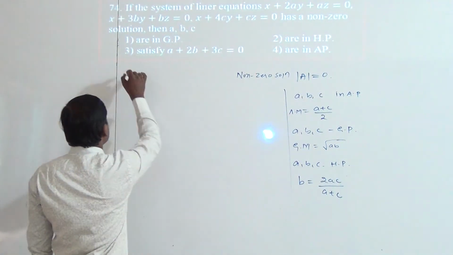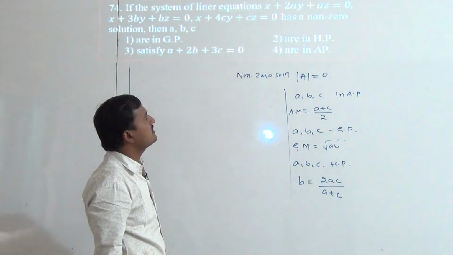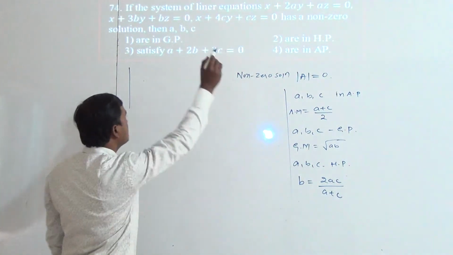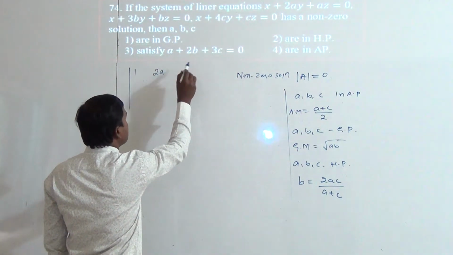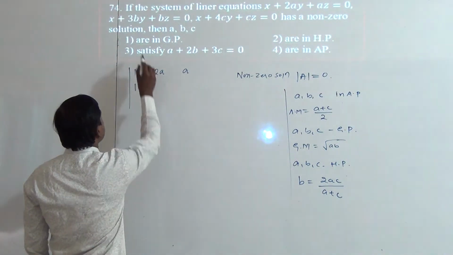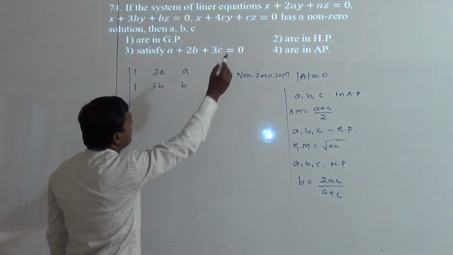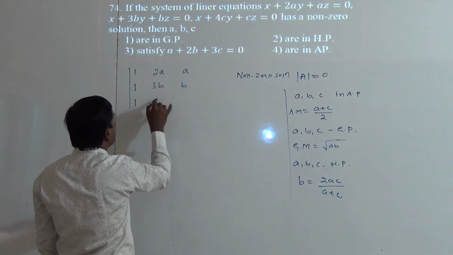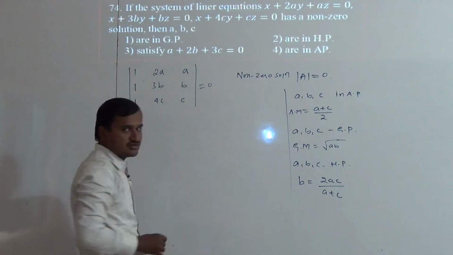So for this I will take the determinant. Here you should take the coefficients of x, y and z. So here it is 1, 2a, a, and 1, 3b, b, and 1, 4c, c. This is equal to 0, right?